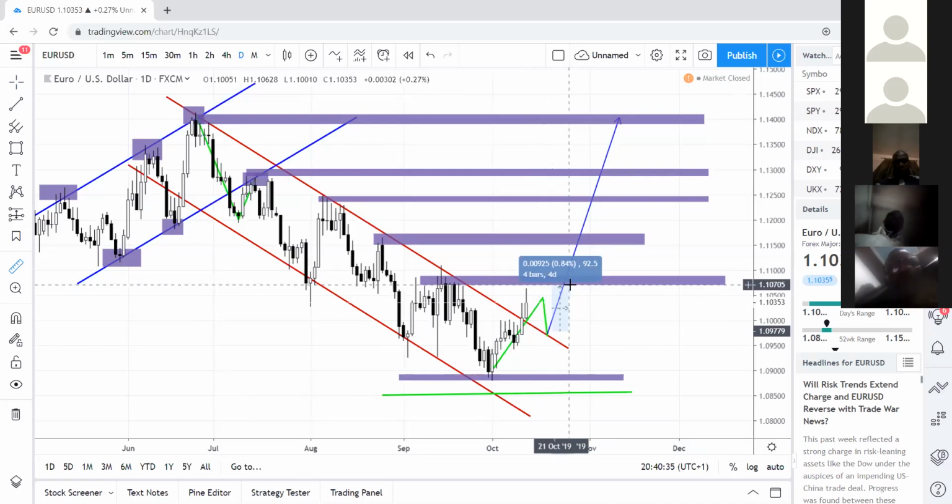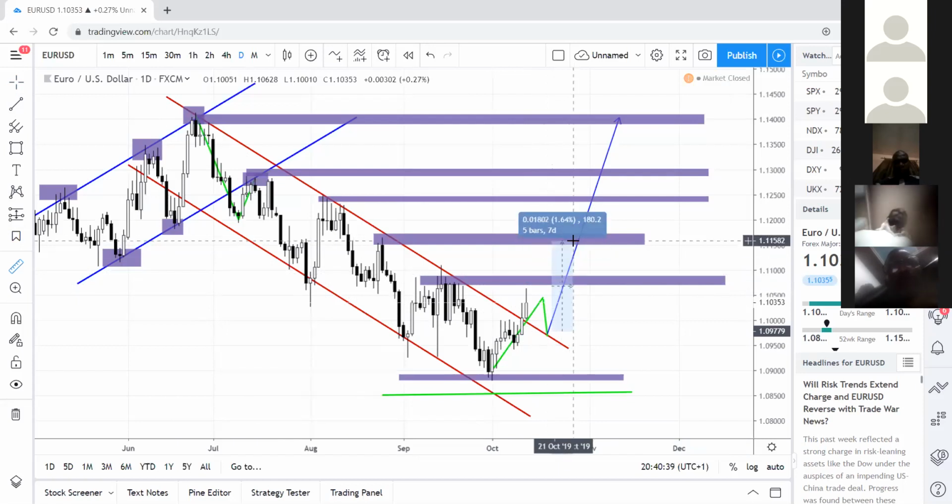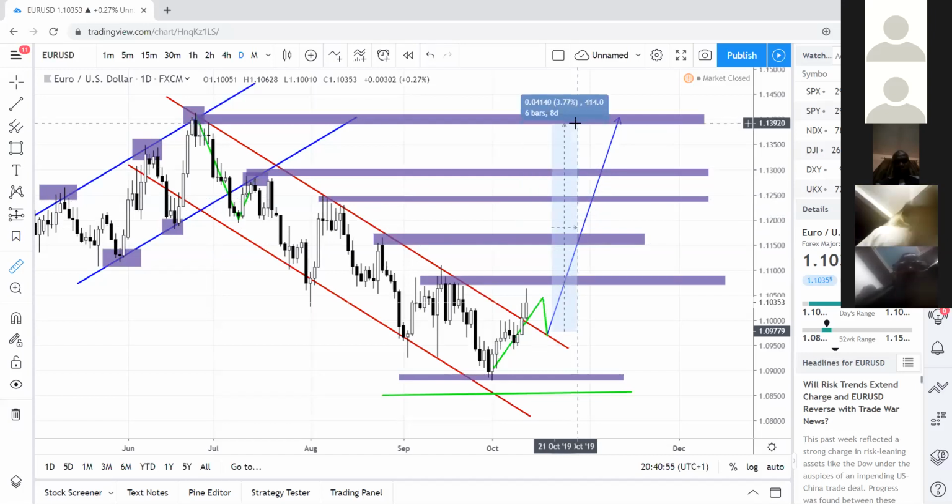If I see a candle that breaks it again, I'm going to take it again to this point, 170 pips. I'm going to keep shifting my stop loss if I don't want to close. If I see another candle that breaks, I'm going to take it to this point again, 259 pips. Ultimately, we are looking at over 400 pips.